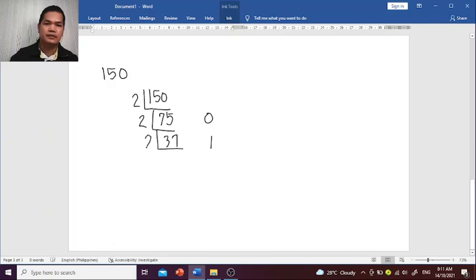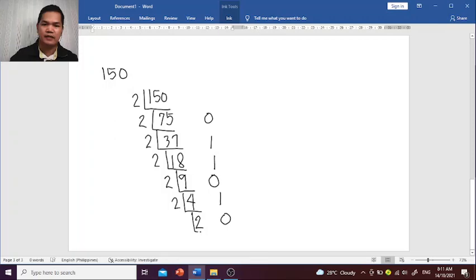37 divided by 2, we have 18, remainder 1. 18 divided by 2, we have 9, remainder 0. And then 9 divided by 2 is 4, remainder 1. 4 divided by 2 is 2, remainder 0.